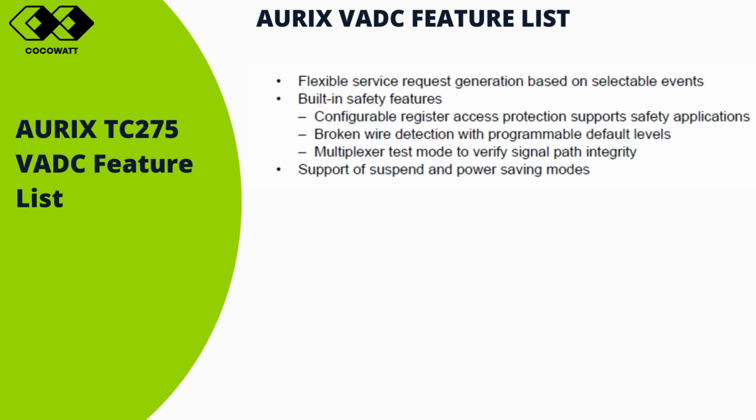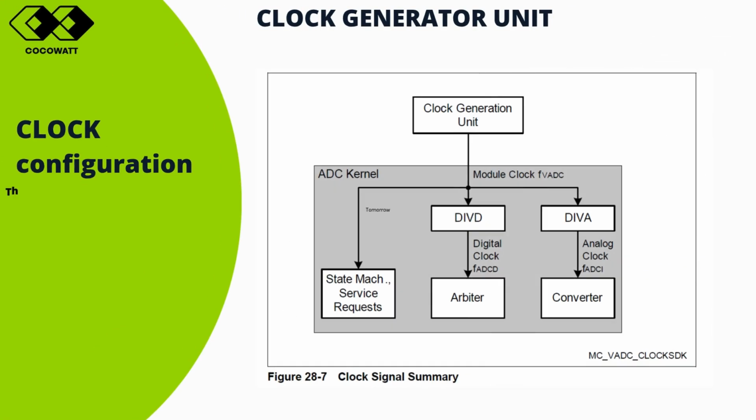All the analog to digital converters receive a global clock signal known as FVADC. From this input, two separate clock signals are generated and shared across all converters. A global configuration register sets the common clock basis for the entire converter cluster.